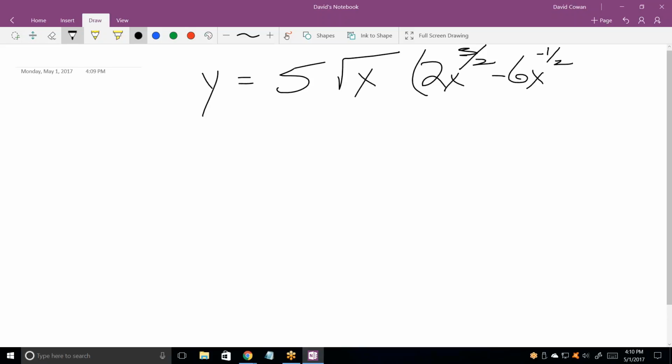Like that? Yes, sir. All of that's the multiplier? Yes. Okay, well, very first thing, let's write it without radical signs.